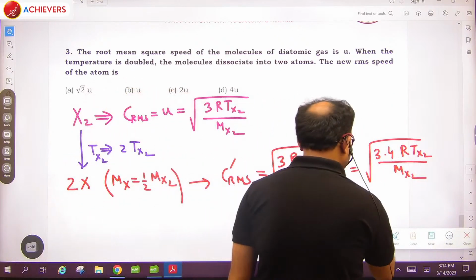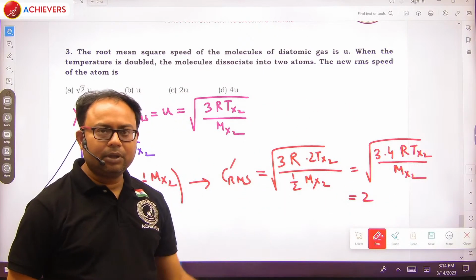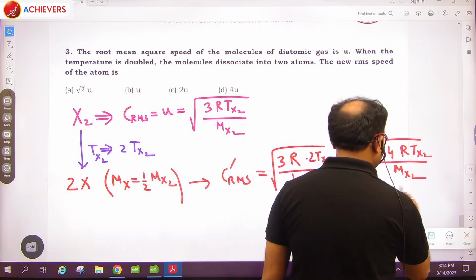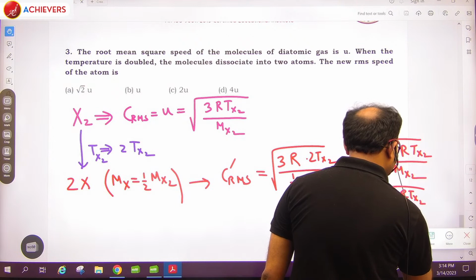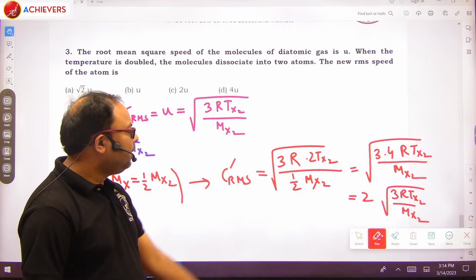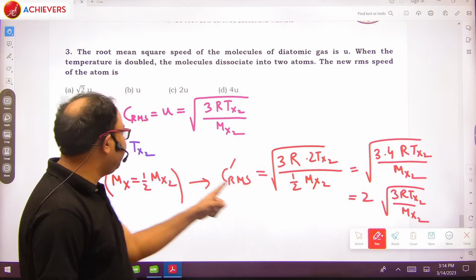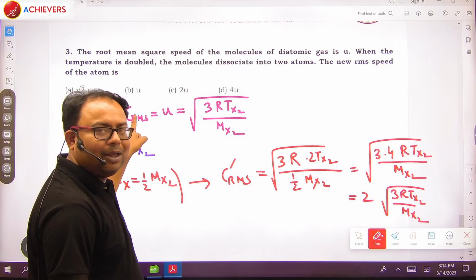So you can write it in this way. If this 4 gets out of the root, it becomes 2 multiplied by root over of 3RTx2 divided by Mx2. Root over 3RTx2 by Mx2 is nothing but the original CRMS.